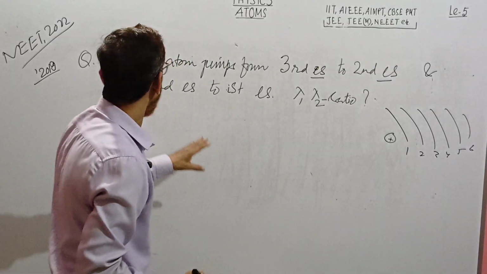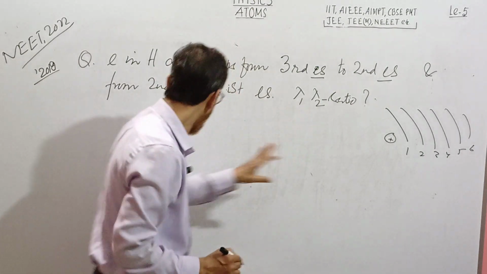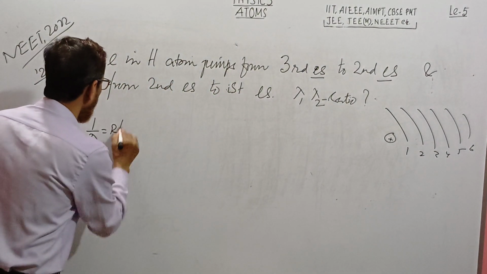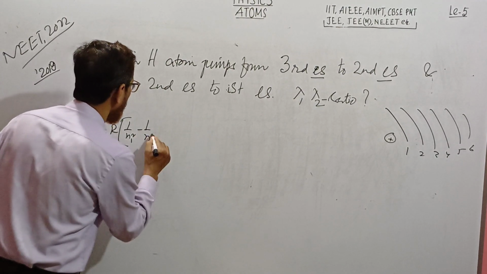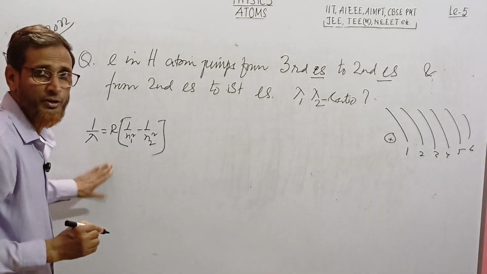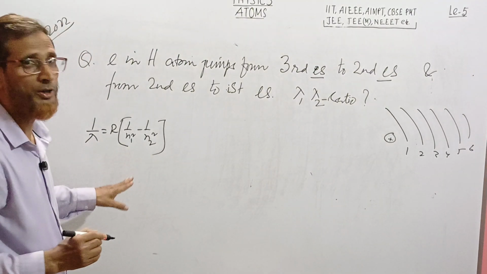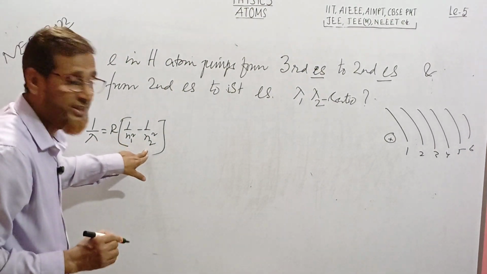So if you are asked to find out lambda, lambda is related to what? 1 by lambda is equal to R into 1 by n1 square minus 1 by n2 square. Without this, you cannot find the value of lambda in transition.